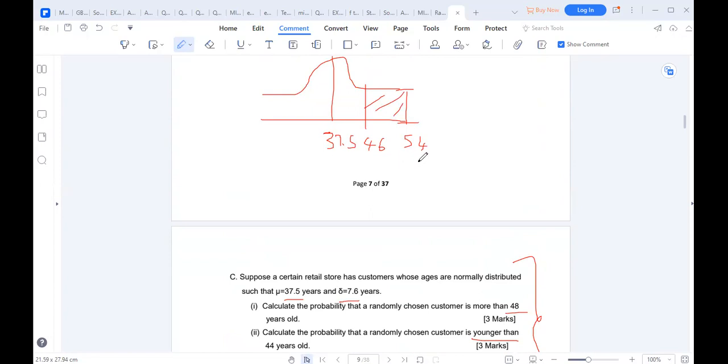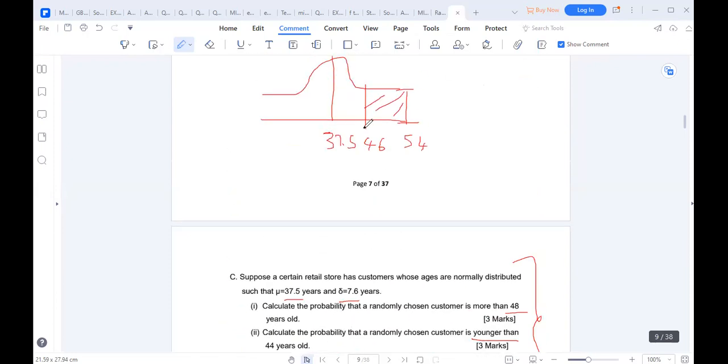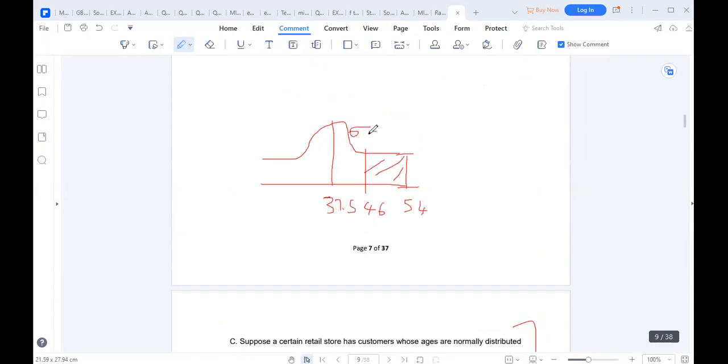So 54, what is the Z? 54 minus 7.5 over the standard deviation of 7.6. For 54, it's 2.17.